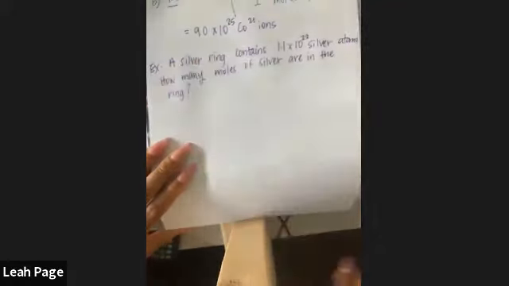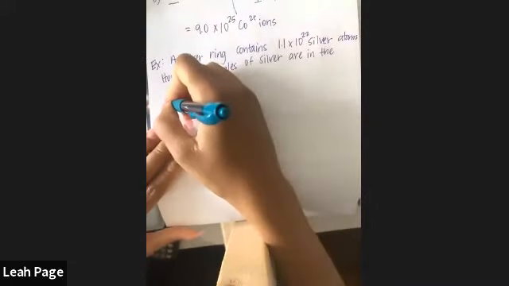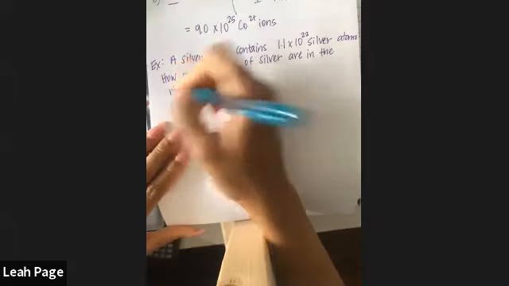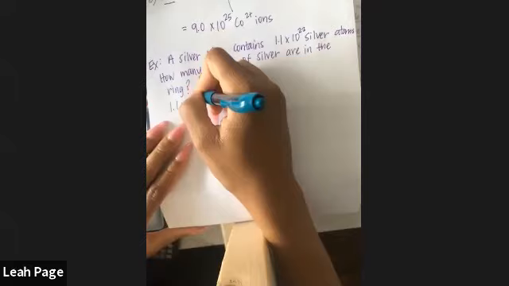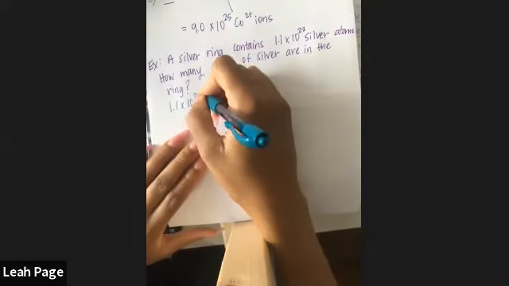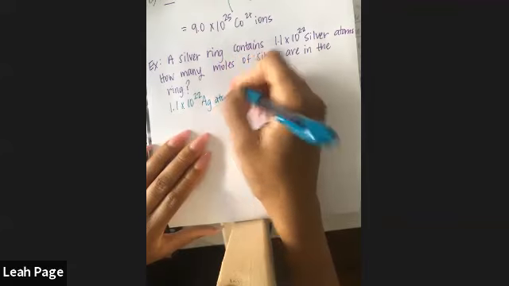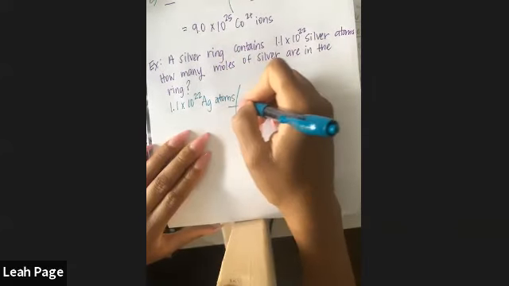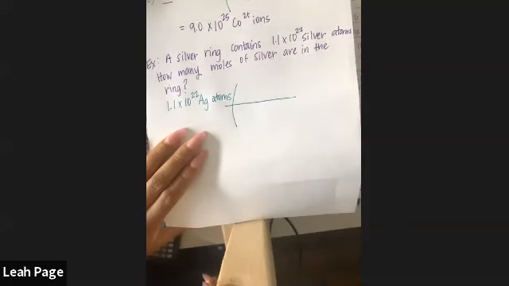So we set it up by saying, if I start off with 1.1 times 10 to the power of 22 silver, which is Ag, I start off with silver atoms. I now want to convert to moles of silver. So what unit goes at the bottom, guys?